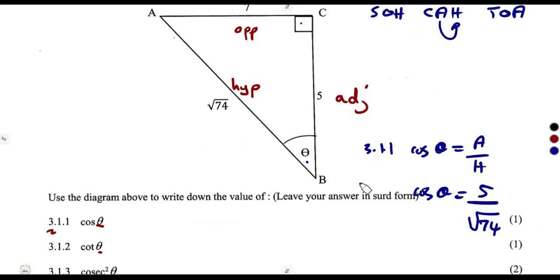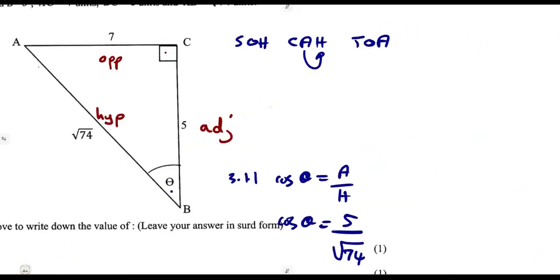Then 3.12, the cot of theta. Take note, cot is 1/tan, guys. If you're given cot theta, it's 1/tan theta. But what is tan?